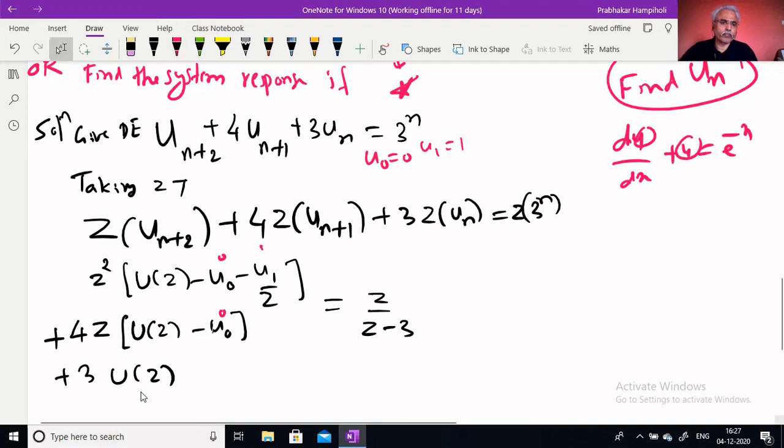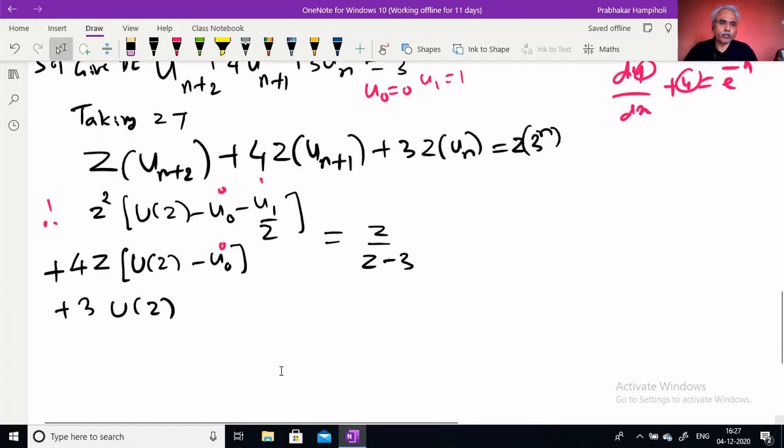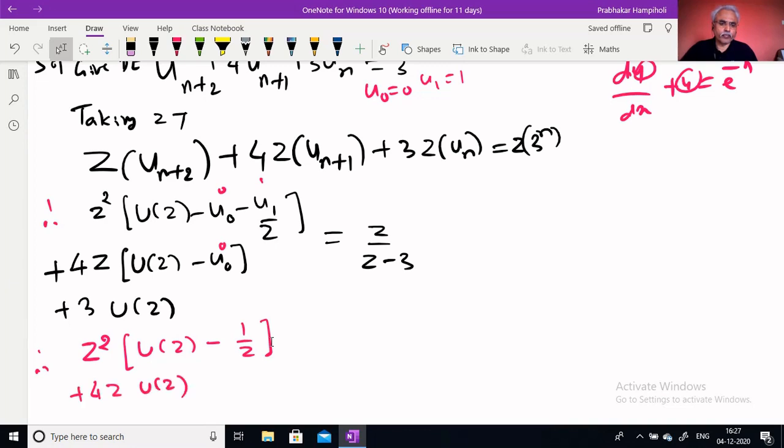Next step is, therefore, substituting u0, u1 values: u of z minus 1 by z plus 4 times z into u of z plus 3 times u of z equal to z by z minus 3.